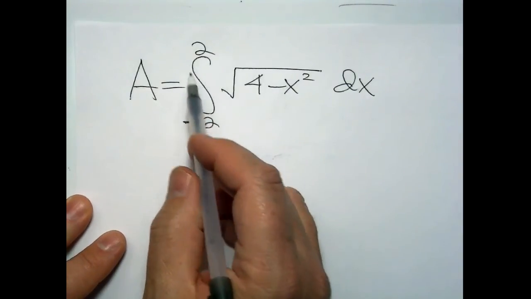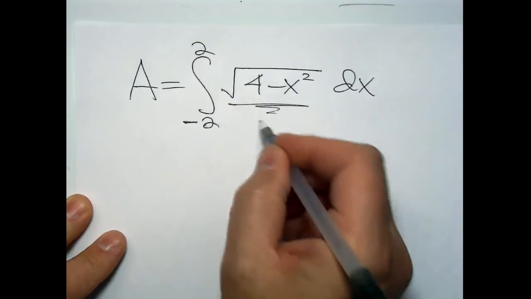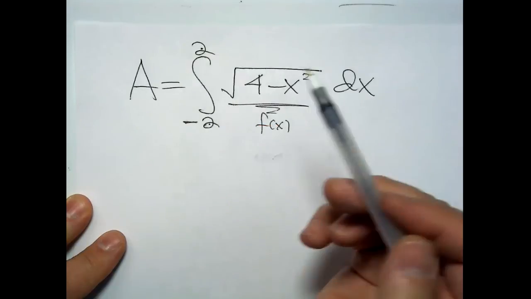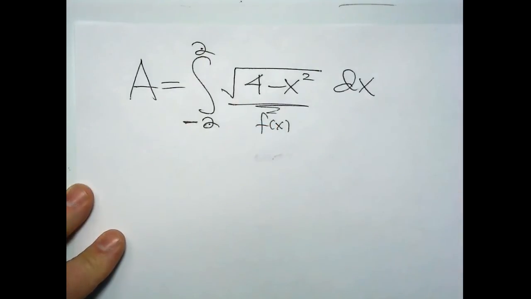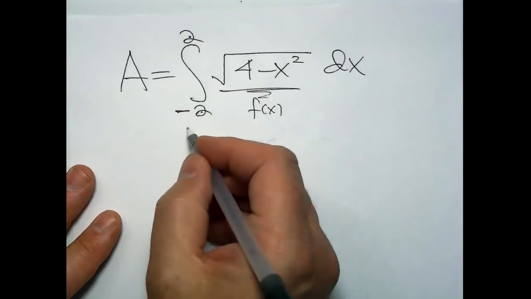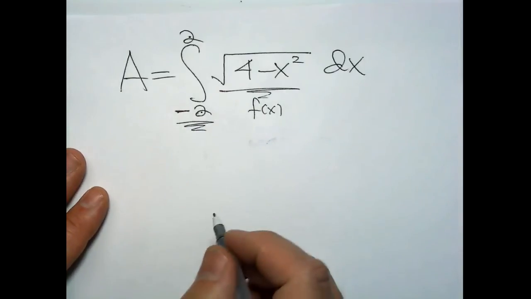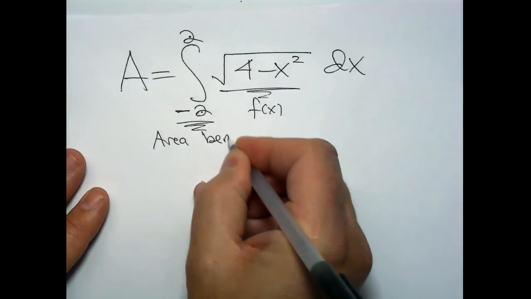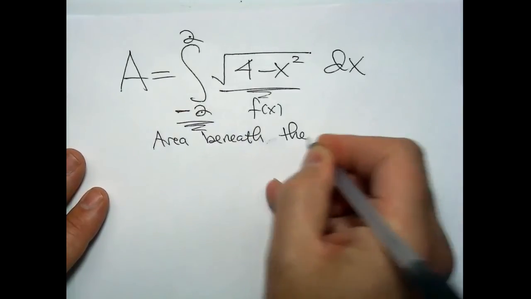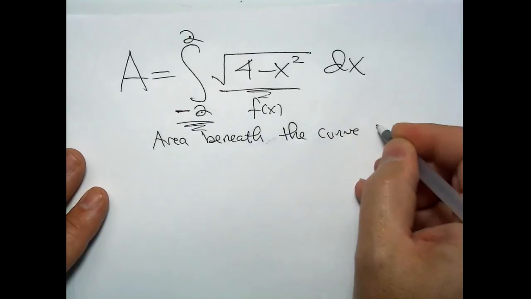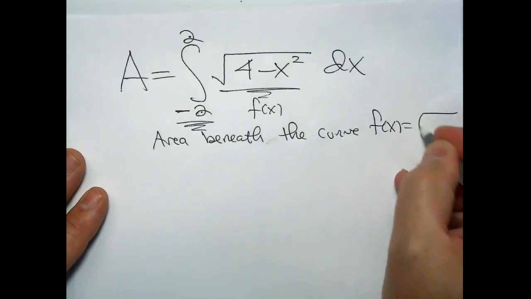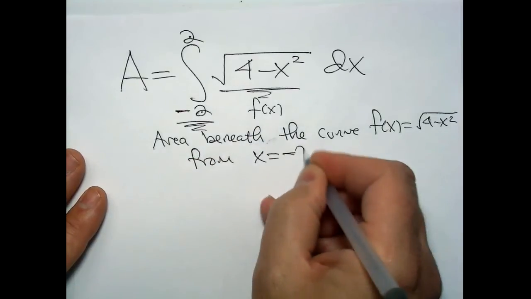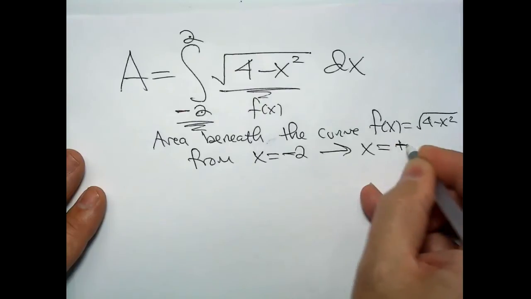Now this says sweep out area beneath this curve, which is the little f of x, starting at -2 and stopping at 2. That's what it says, and that really is what this particular chapter is all about, translating what this definite integral means. We want the area beneath the curve f of x, square root of 4 minus x squared, from x equals -2 to x equals +2.